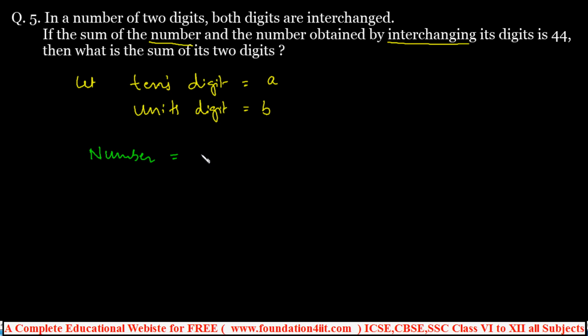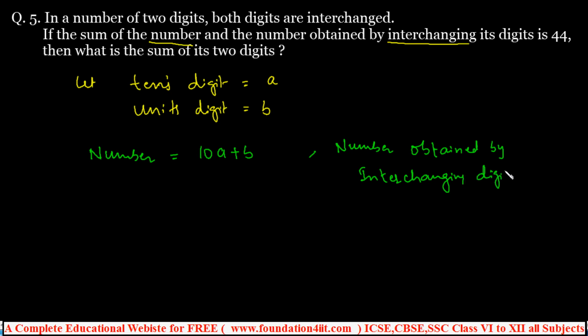First, the number is 10a plus b, this is one, and the number obtained by interchanging its digits, that means if it's 10a plus b, then it is 10b plus a, right? These are the two numbers. So one is 10a plus b, one is 10b plus a.